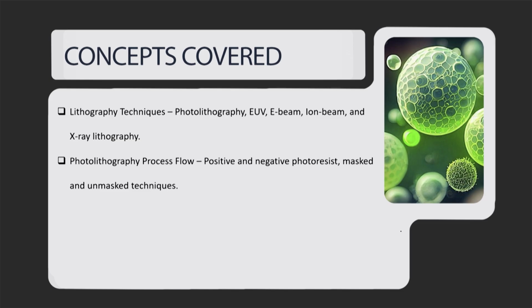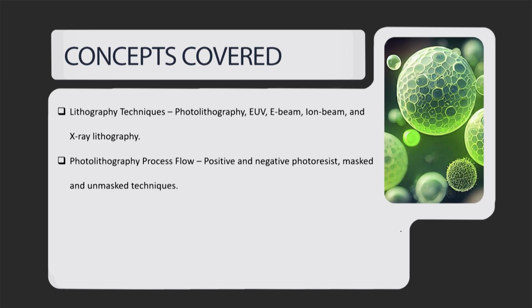Lithography comes from two words, lithos and graphy. Lithos comes from the Greek word for stone, and graphy means graphically writing something. So, the whole concept is to design something on a given piece of substrate. That is where the word lithography comes from.